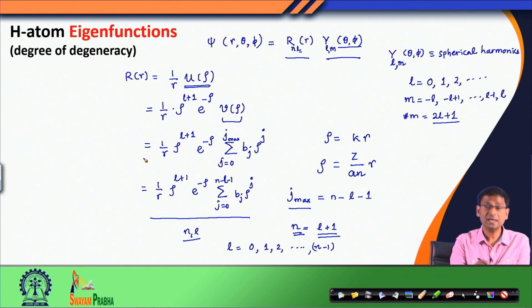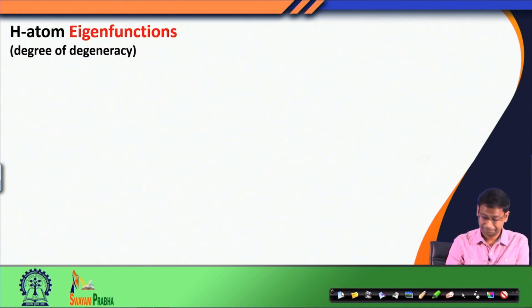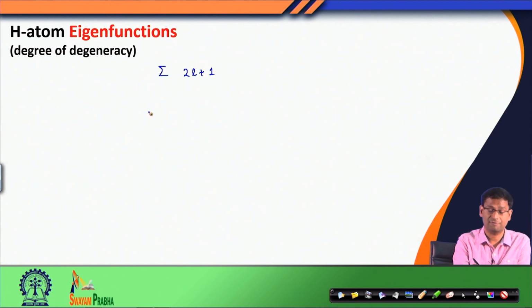So, to find out the overall total degeneracy of the system, we would see that for a given value of L, we have 2L plus 1 number of m levels, and how many such L levels are there? There are n number of L levels.